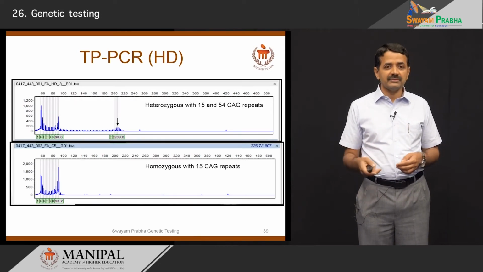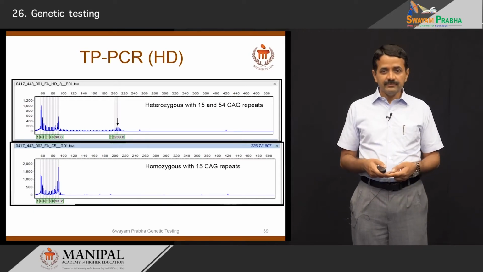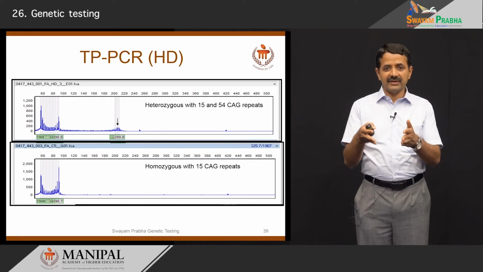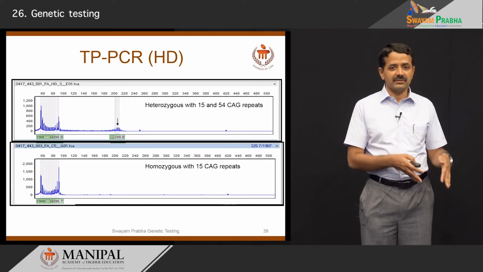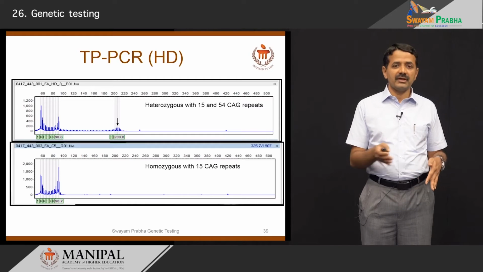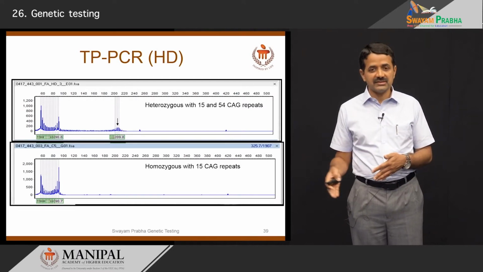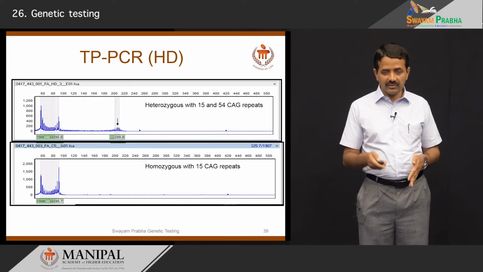So, we have to use something like triplet primed PCR. You can see here patients show a different kind of pattern in the upper panel as compared to the normal individuals who do not have this repeat expansion of this CAG triplet nucleotide.